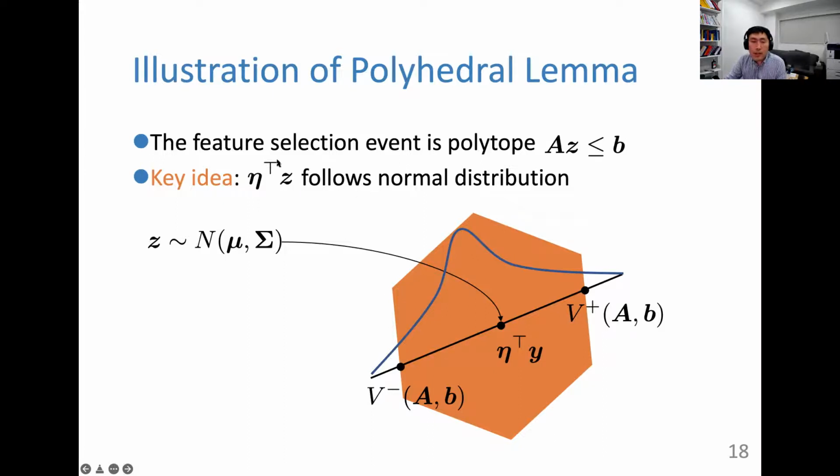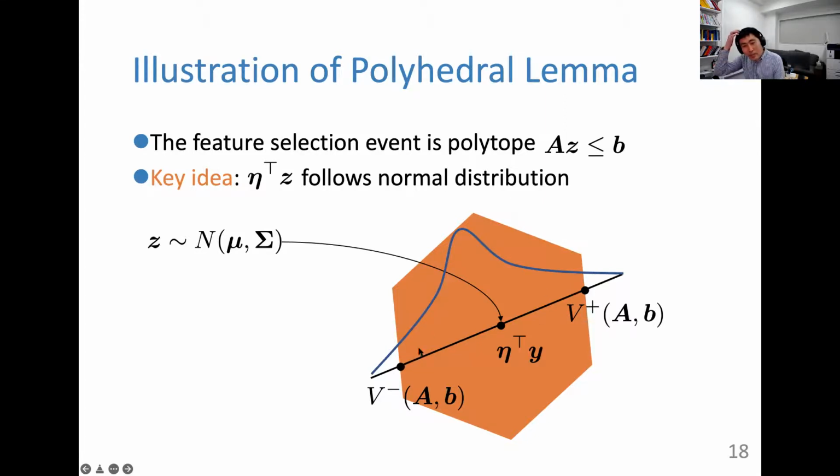However, actually the feature selection event is a polytope. Therefore the solution must be in this polytope. Let's say this line corresponds to eta transpose Z, and we just map this Z to this place. This doesn't look like a Gaussian, but just see it as a Gaussian. Actually this is distributed as a Gaussian on this 1D space.